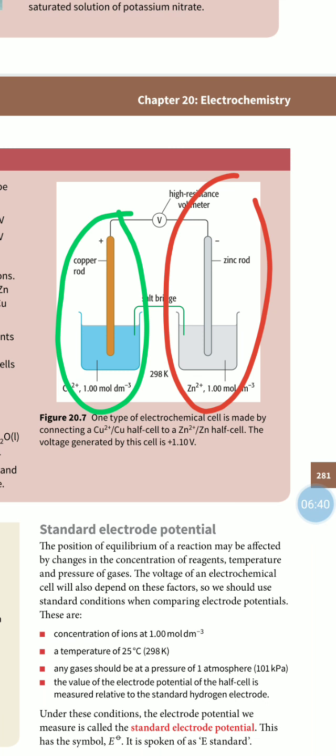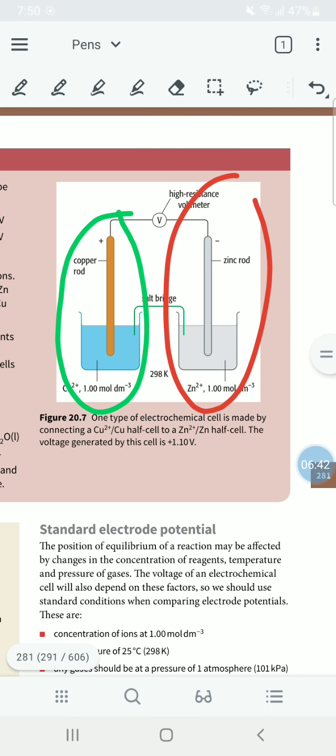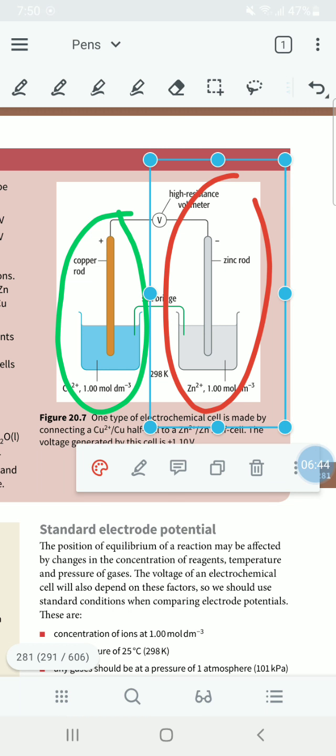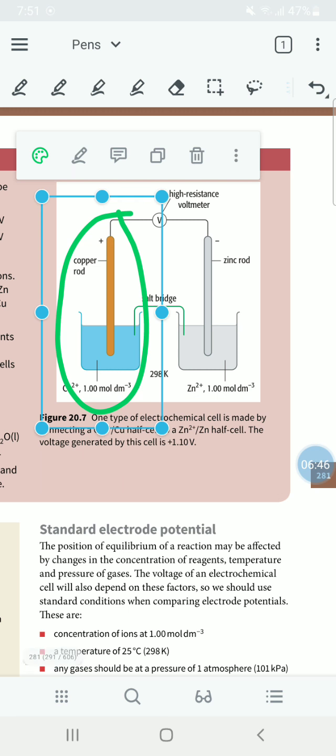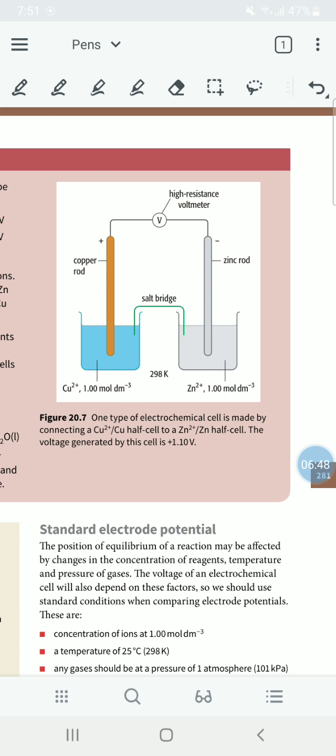All right, so now what you need to understand here are the parts of this. This copper rod is there in copper solution, zinc rod is there in zinc ion solution, and the copper rod and the zinc rod are connected with a high resistance voltmeter using wires.